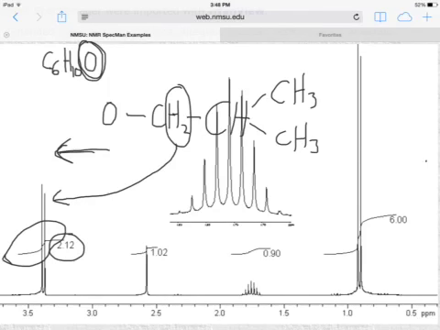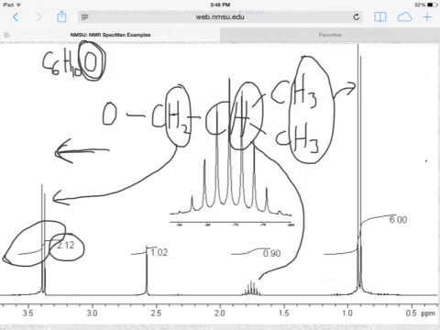So to review, we've accounted for 3 out of our 4 signals. We decided the one upfield was the methyls. This one that's super split up is from the methine. And we only have 1 more signal to account for, but 2 carbons, and both degrees of unsaturation, but only 1 hydrogen.